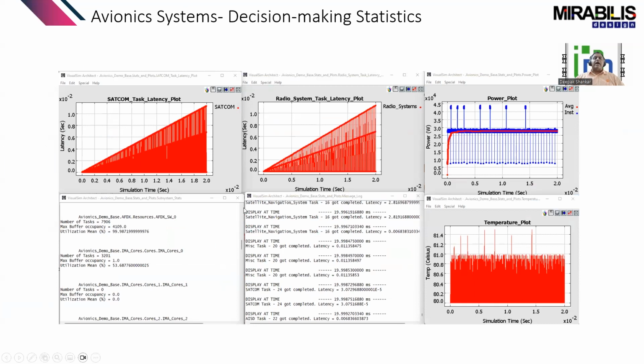So if you look at these types of analysis, what you'll notice is the latencies, the power, the temperature, which task completed at what period of time, what was the utilization, how much buffering was done. So you get a variety of standard stats. Again, going back to what I was telling you about what is required for architecture exploration, these are all the elements that are also required for architecture exploration. Not only do you need all the modeling components, but you also need the standard statistics.